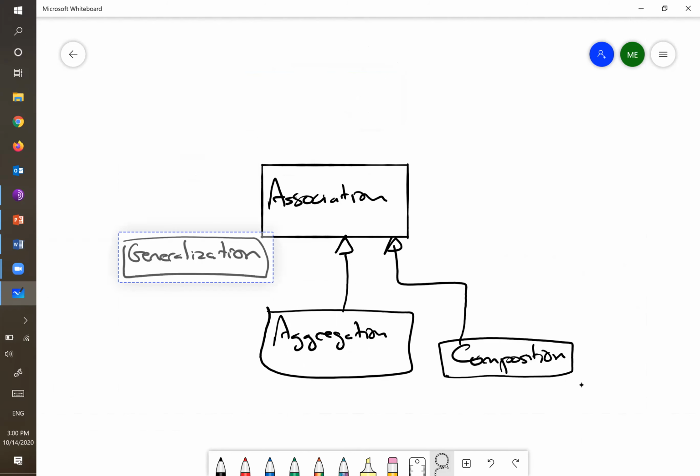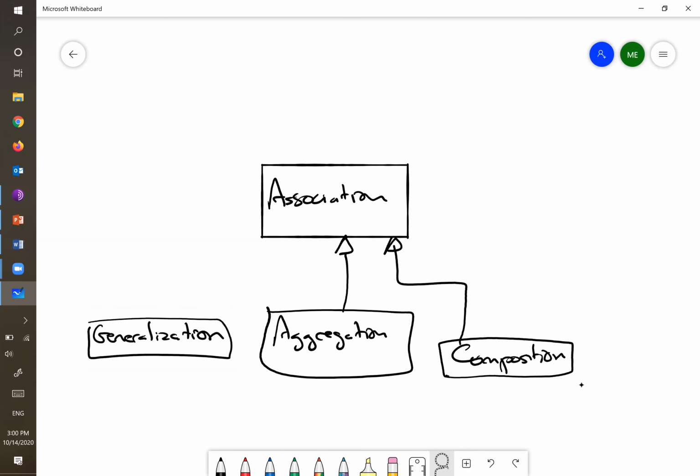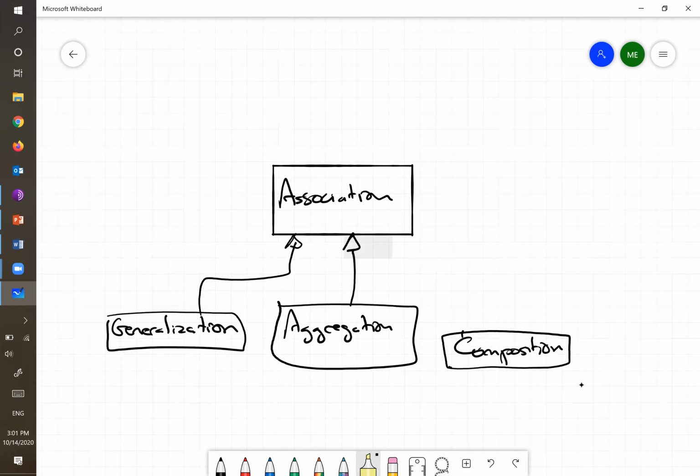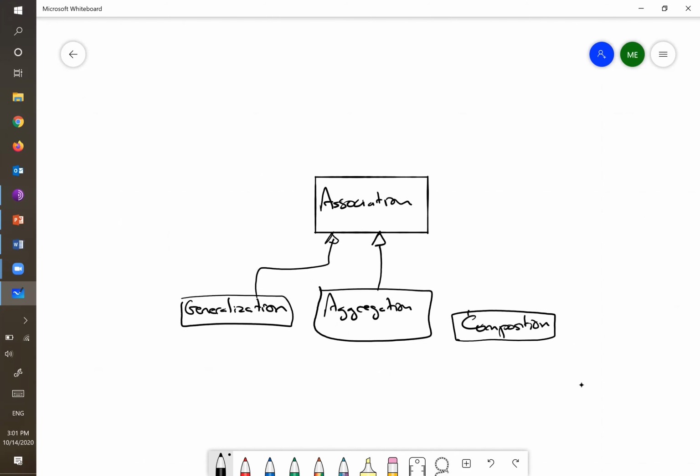Now, this is a 90% correct answer, but there is still a small modification. The modification requires us to remove this because this is not right. What I just erased right there was half right. So the composition is a specific type of aggregation.